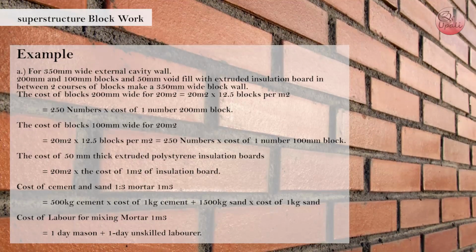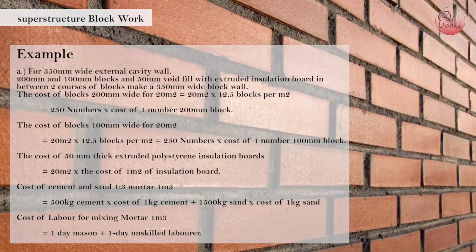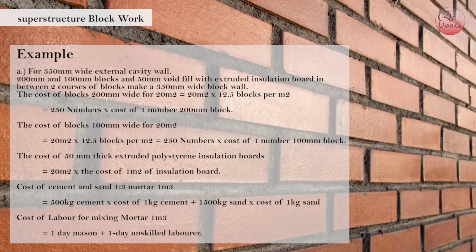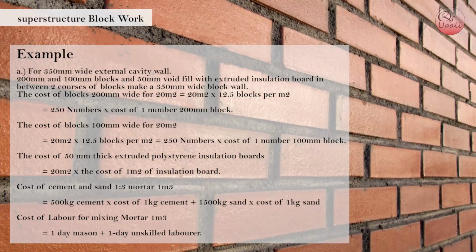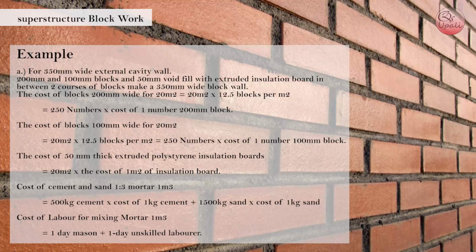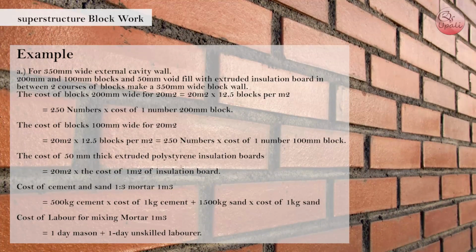Example A. For a 350 mm wide external cavity wall, 200 mm and 100 mm blocks and a 50 mm wide gap filled with extruded insulation board in between two courses of blocks make a 350 mm wide block wall.